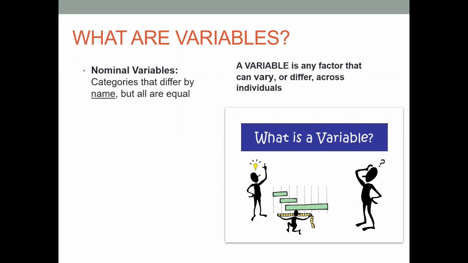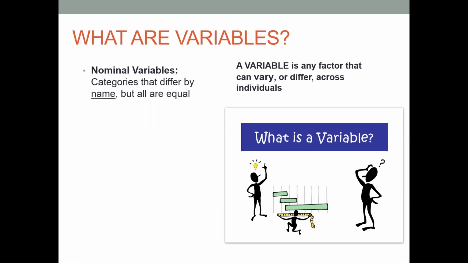Variables come in different types. Nominal variables are categories that differ by name, but all are equal. Some examples of these might be some of the first that I gave you. We all have different types of cars, different eye color, different animals, different pets, so they're categories.